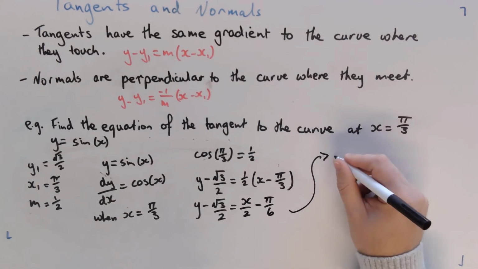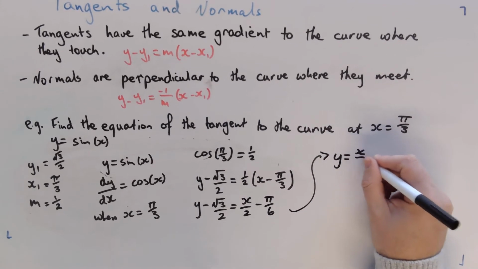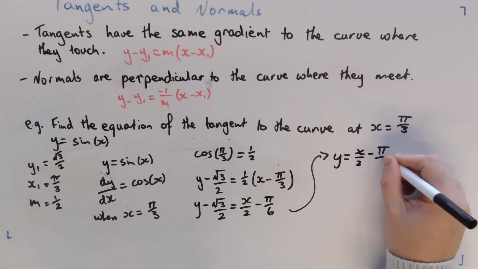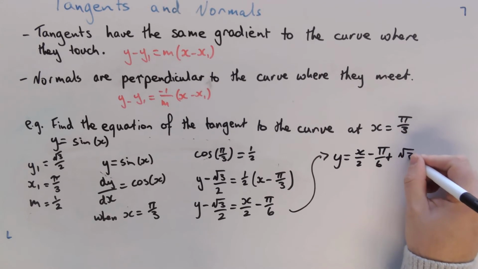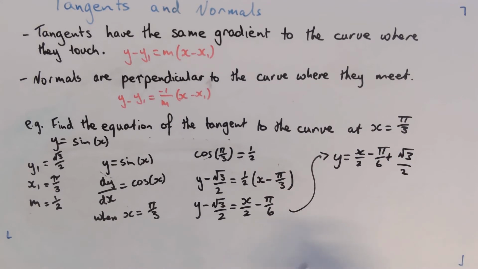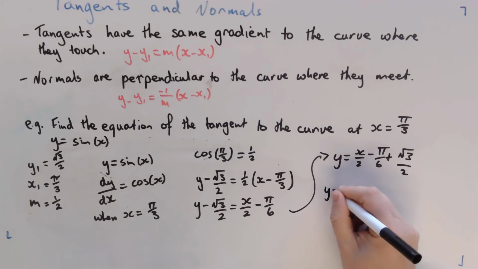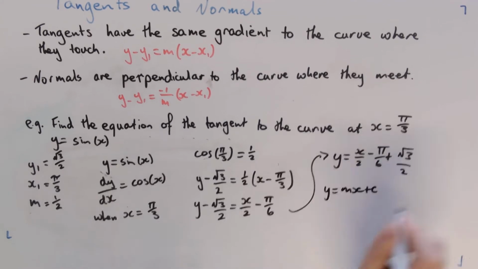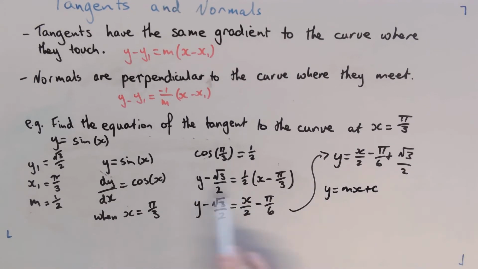We'll finish it off: y equals x on 2 take pi on 6 plus root 3 on 2. We always want to rearrange these to put them in the form y equals mx plus c. We don't just want to sub our values in and leave it, so we do need to do that little bit of working out.